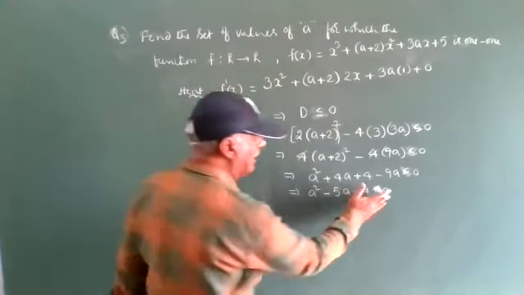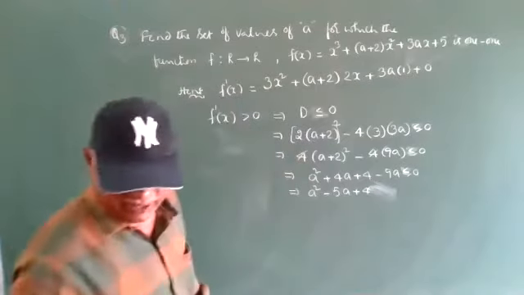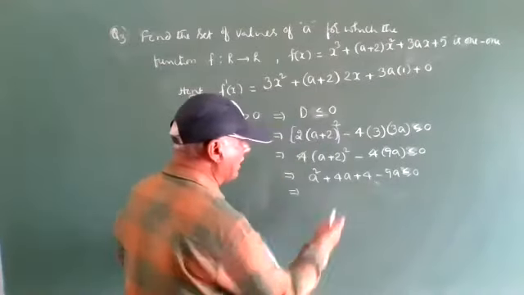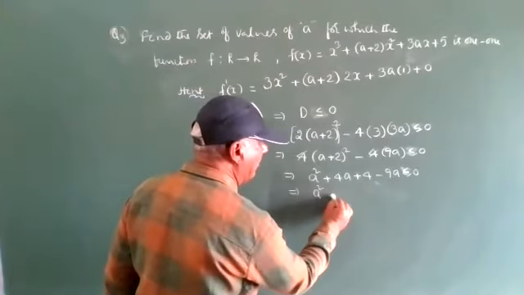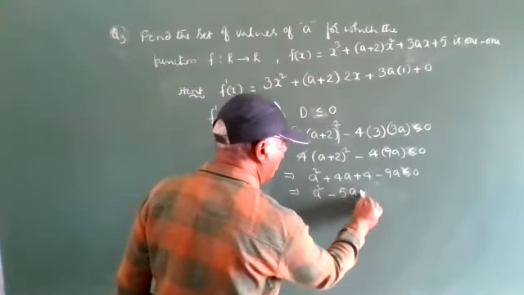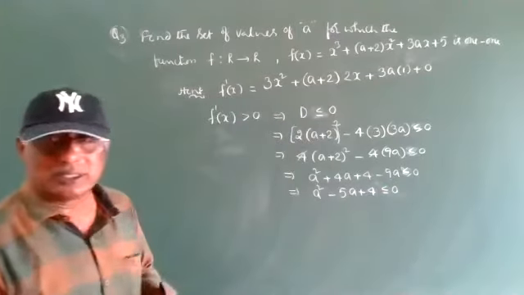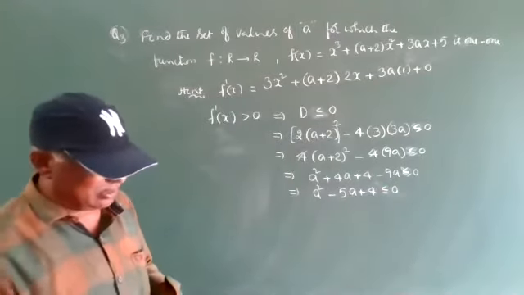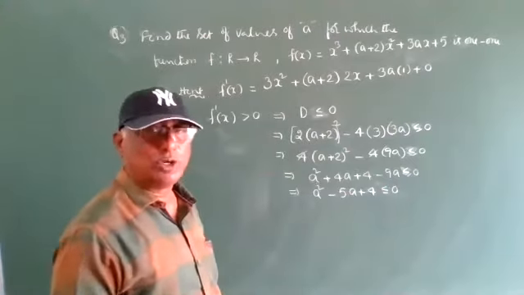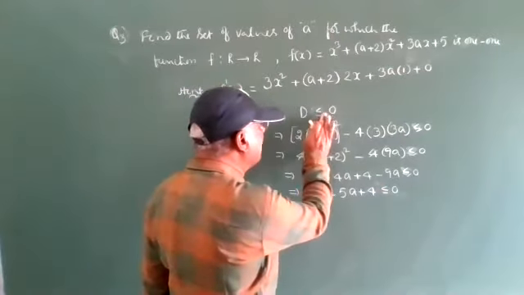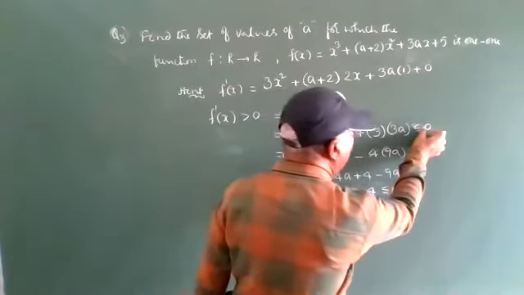Now I am going to represent a square minus 5a plus 4 is less than or equal to 0. Is it clear? Here it was greater than, so here also less than only should be applied.